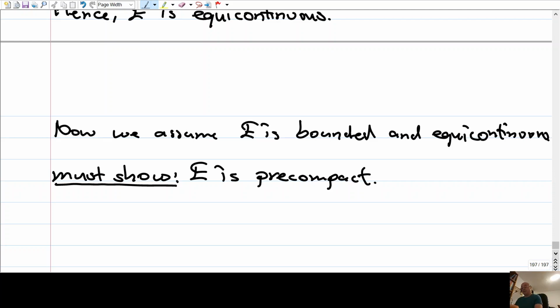Again, by the definition of pre-compactness, we have to start with an arbitrary positive epsilon.